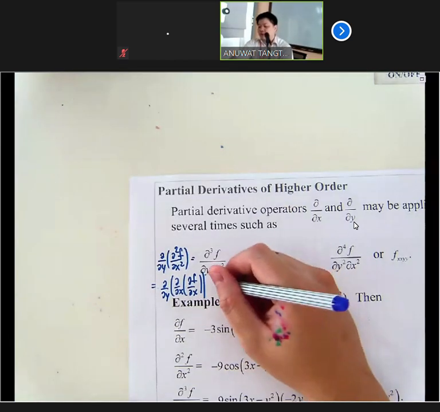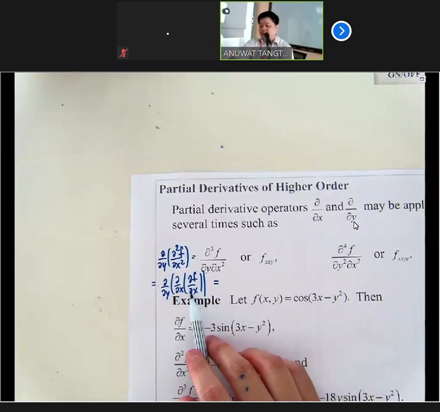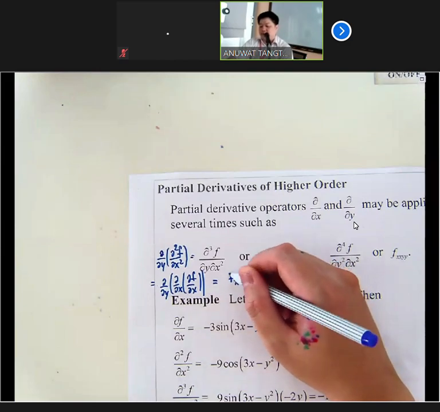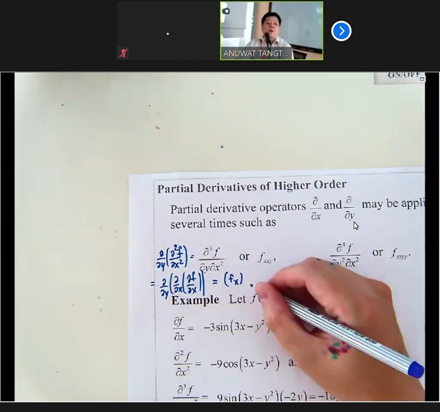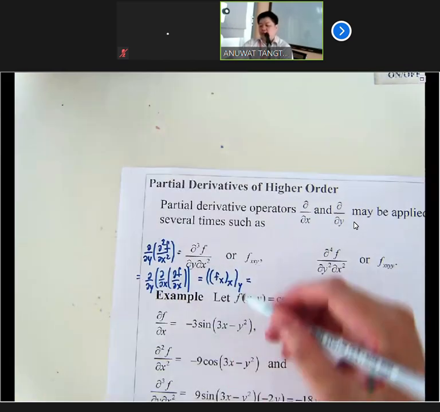And if you want to write this in terms of subscript notation, we do fx first, and then we do x one more time, and then y. So when we do fx, and then x, and then y, this is f.